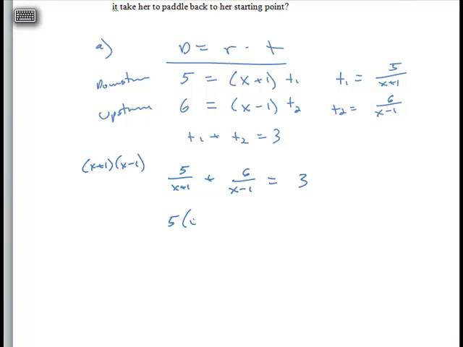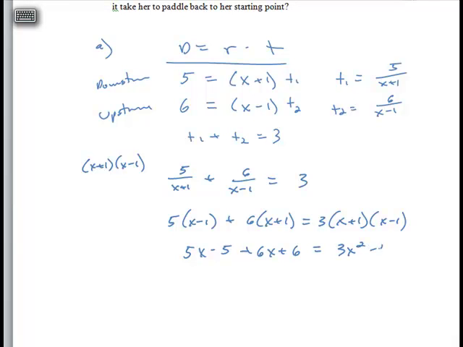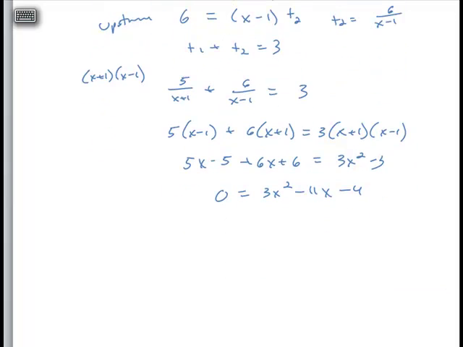Multiplied through: 5 times x minus 1 plus 6 times x plus 1 is equal to 3 times x plus 1 times x minus 1. Simplify. And solve the equation.